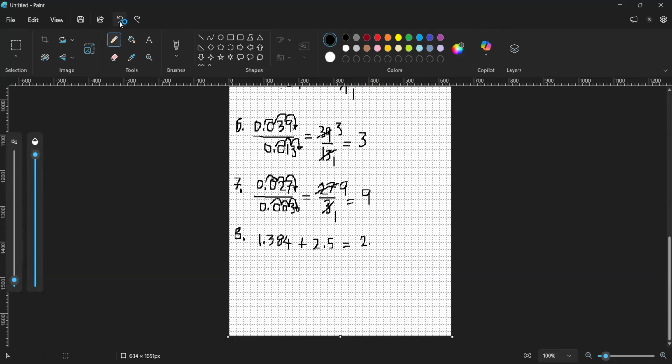Let me show you why I would advise you still leave it as 1.384 plus 2.5. Now, you know it's addition, so whatever is at the top really doesn't matter. But let me show you why it would be a good idea to leave 1.384 at the top. What you essentially want to do is make the decimal points line up, right?